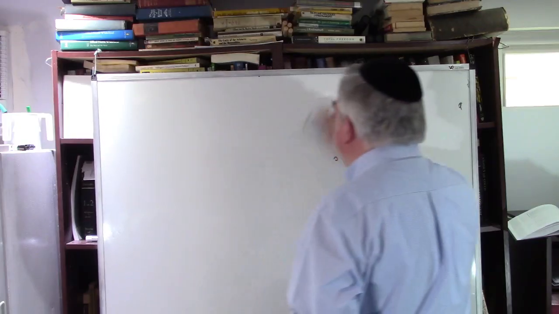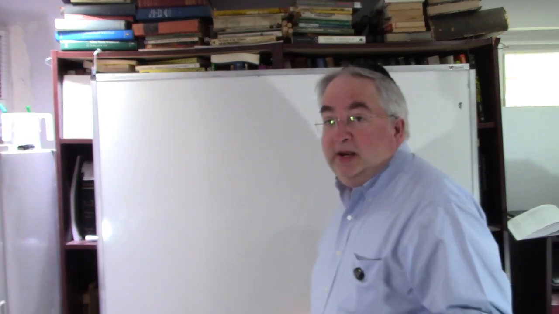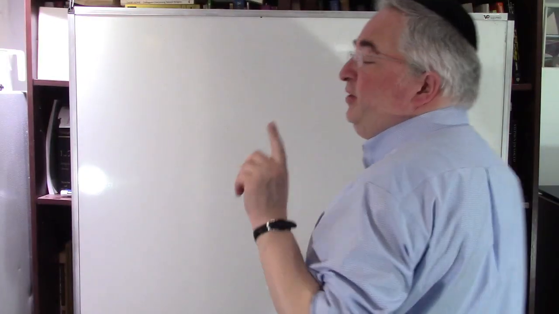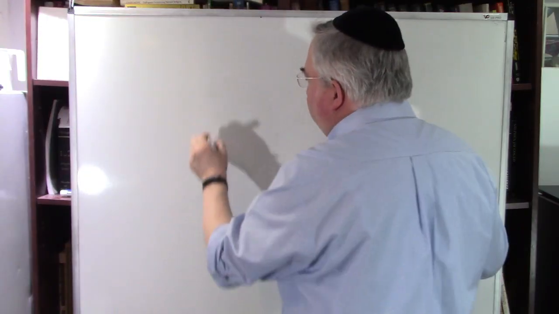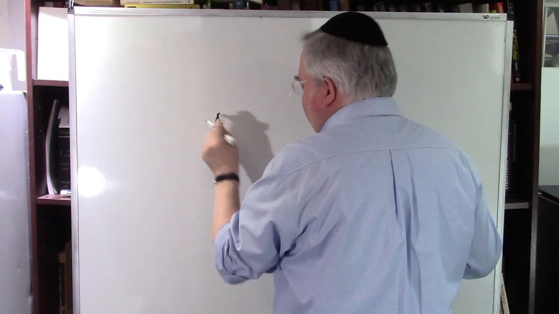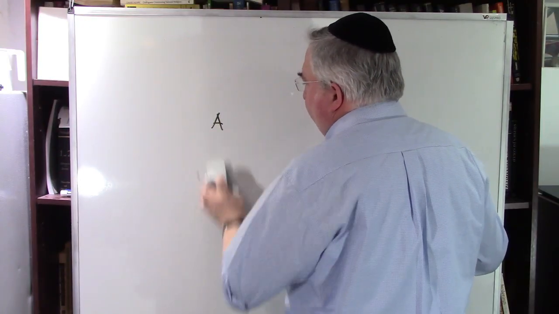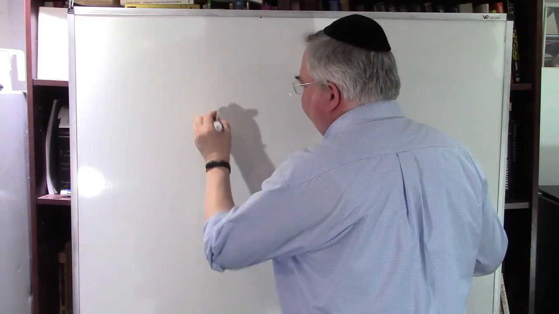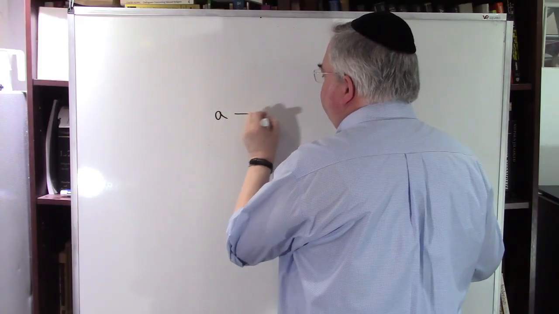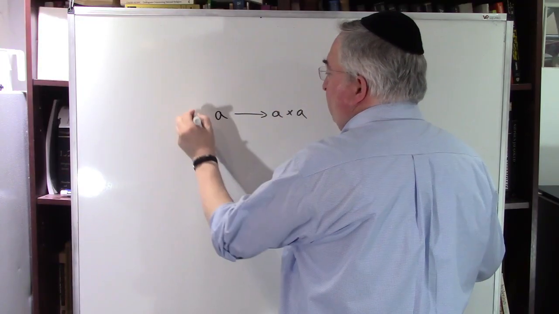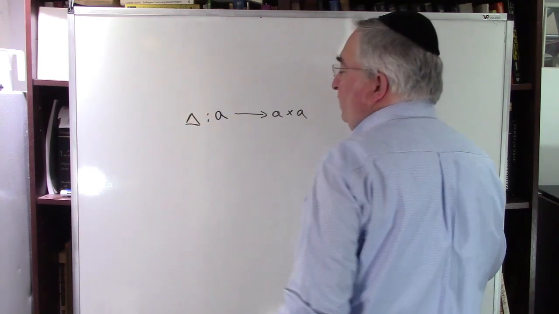Okay, let's continue with our list of many, many examples. There's one more difference that has to be stated, the difference between monoidal categories and Cartesian categories. A Cartesian category has a morphism for every object A. There's a morphism from A to A plus A. We call that the diagonal.